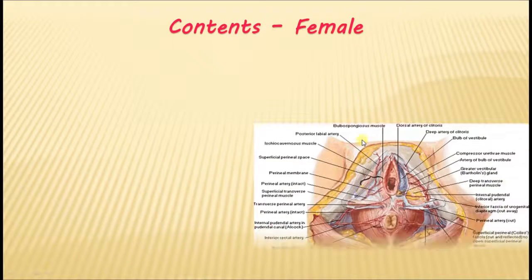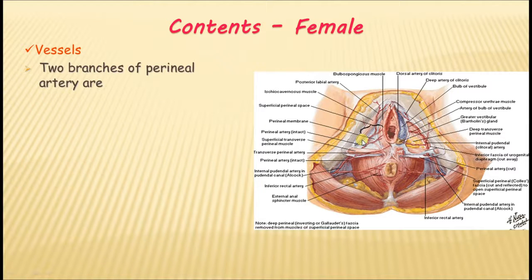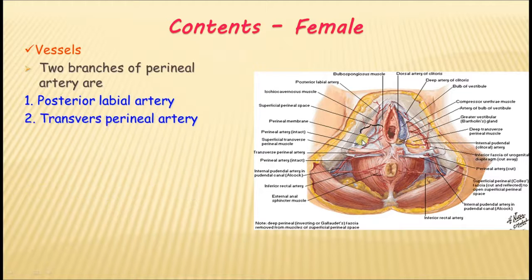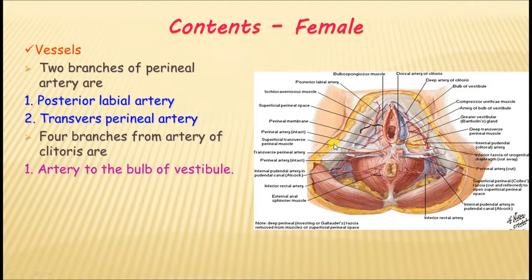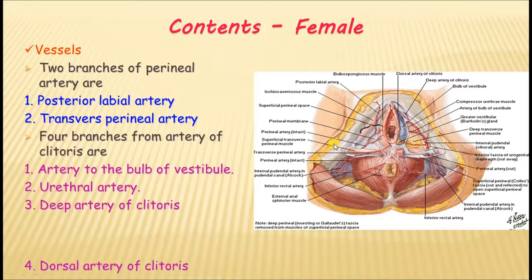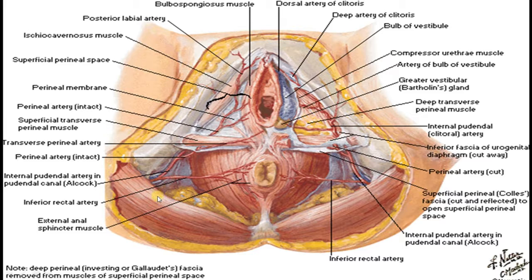With respect to the blood vessels, mainly again the posterior scrotal and labial vessels. Then you have the transverse perineal artery. Then 4 branches from the artery of the clitoris: deep artery, dorsal artery, artery to the bulb of the vestibule, and urethral artery. So these are all branches from the internal pudendal artery. Here you are able to see the posterior labial artery.